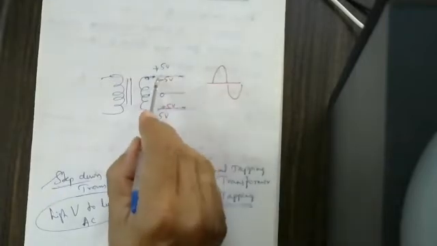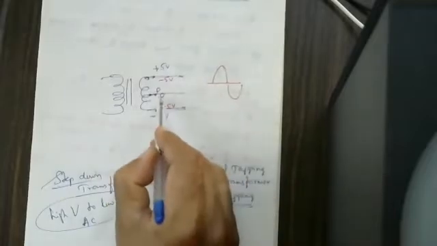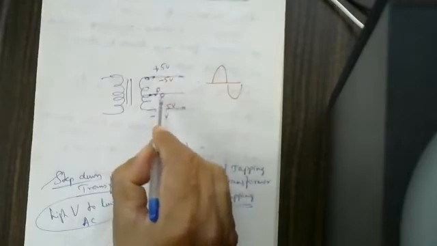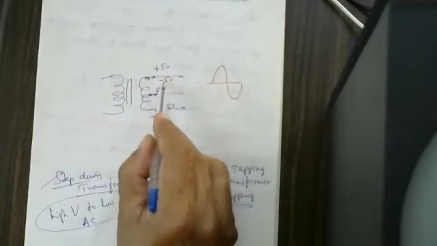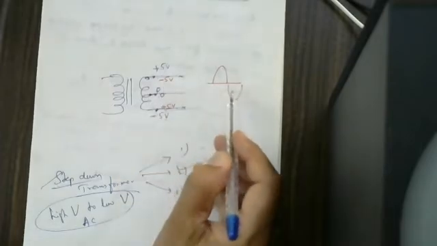During the positive half cycle. During the negative half cycle, it reverses. This is negative, this is positive. During the negative half cycle, this is negative, this is positive, compared to here and here. I will conclude now.